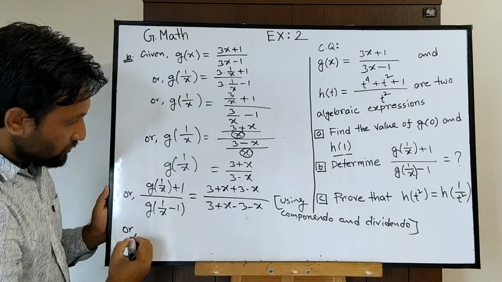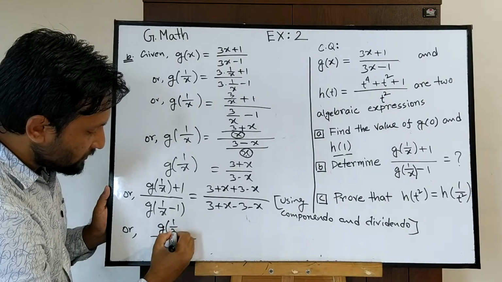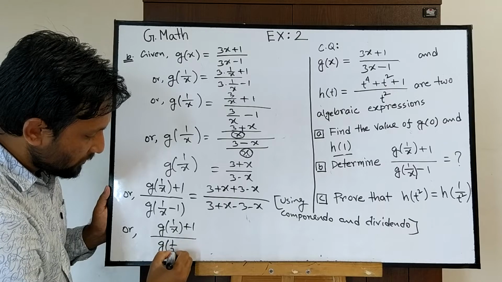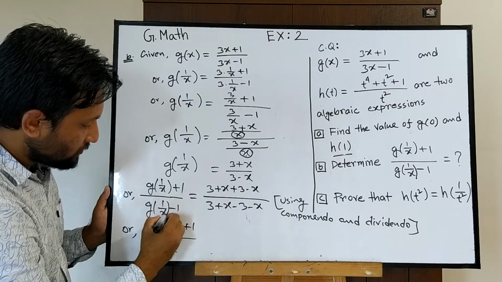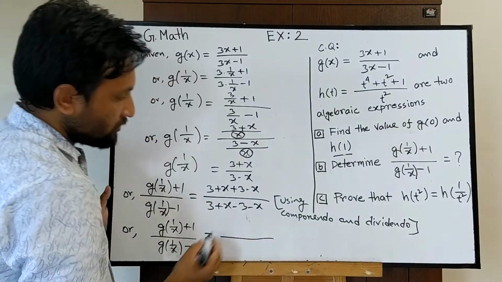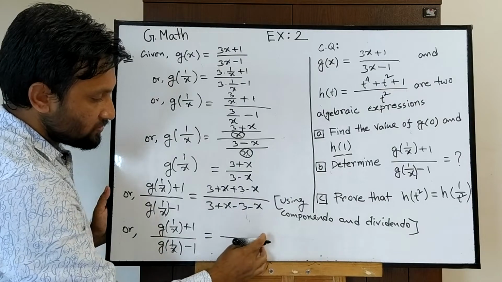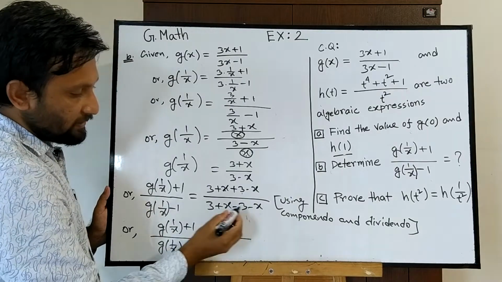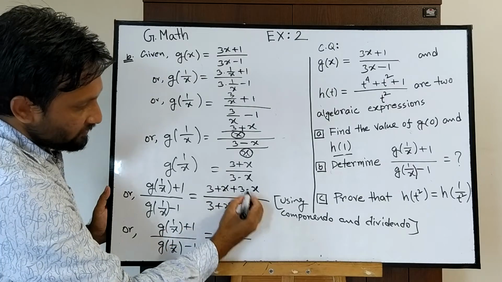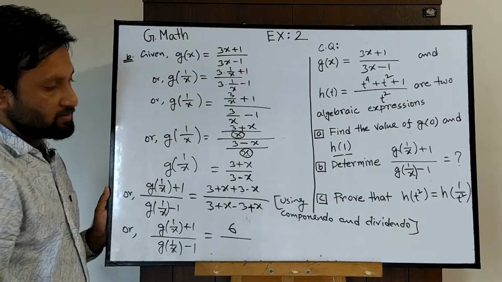Now on the left hand side, g of 1 by x plus 1 over g of 1 by x minus 1 equals, minus x and plus x vanish, so 3 plus 3, that means 6, and minus 3 and plus 3, but here if we apply dividendo, then this minus value becomes plus.